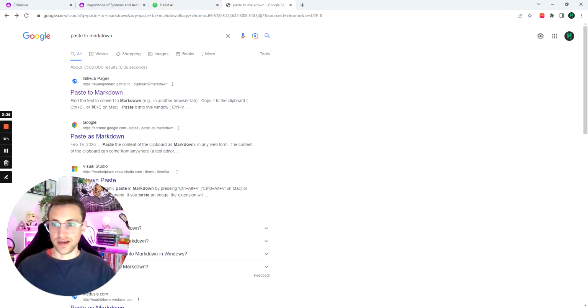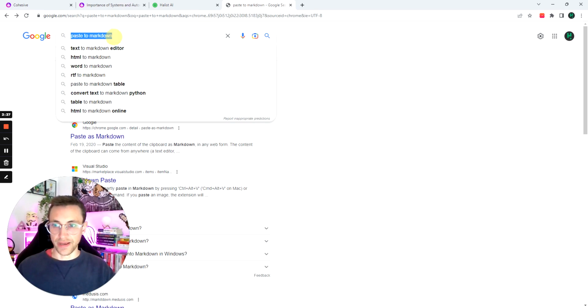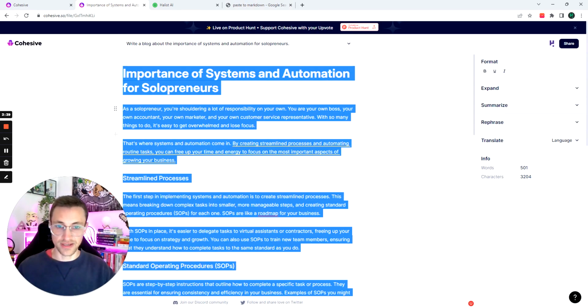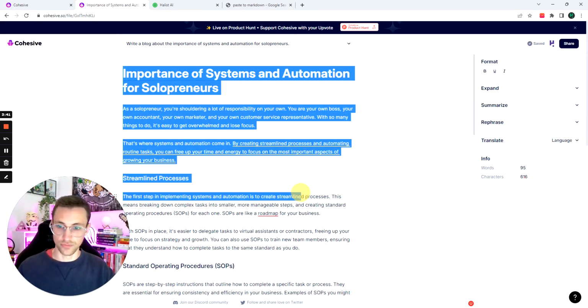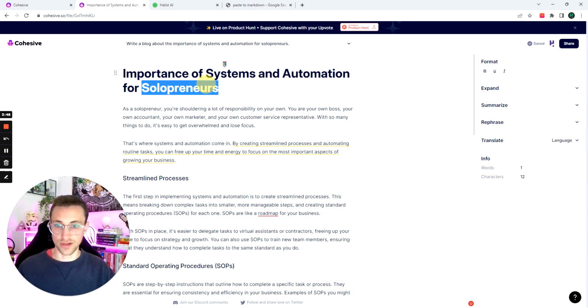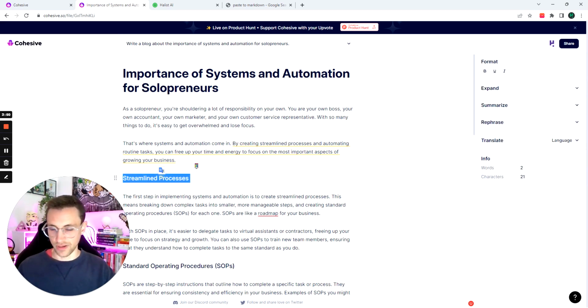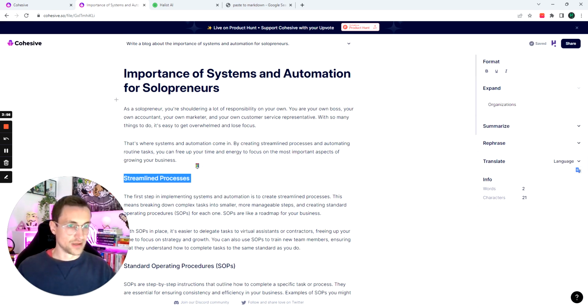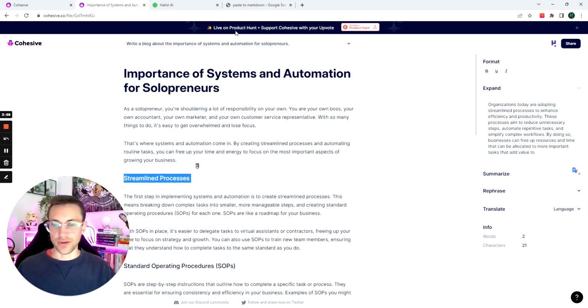So what I did, I went on Google, and looked up "paste to markdown", because this can be represented in markdown. If you were to copy and paste that into a Google Doc, it would keep the styles. That's an H1, that's a heading 1, that's probably a heading 2. Anyway, doesn't matter.